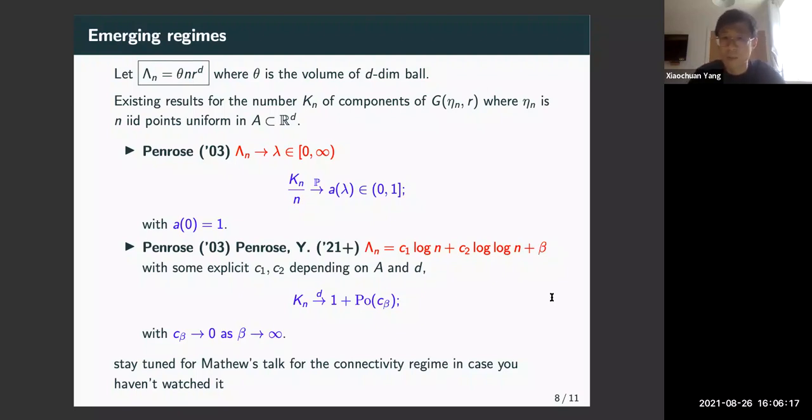In this regime, eventually the number of components is of constant order. So sometimes this regime is referred to as the connectivity regime.